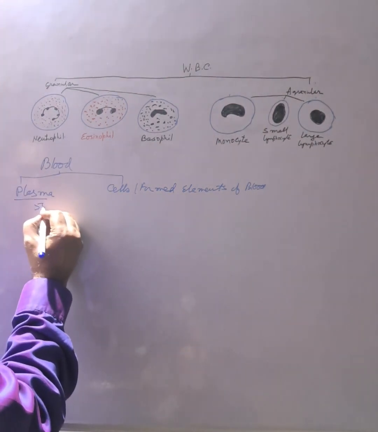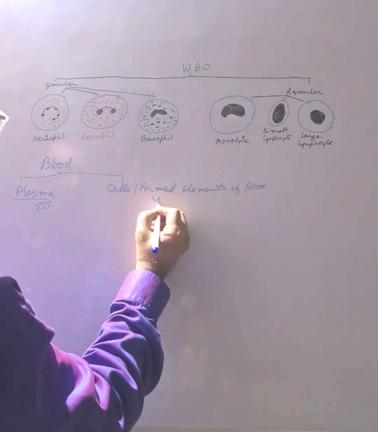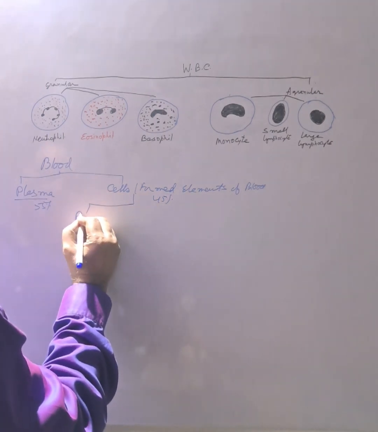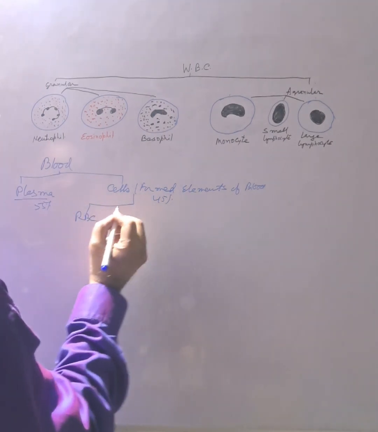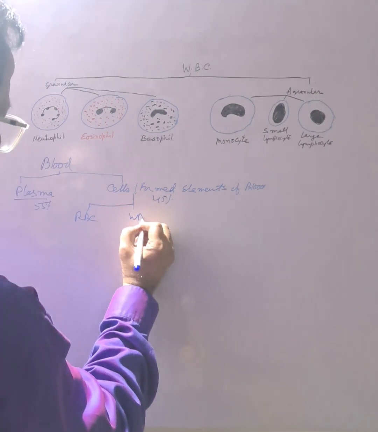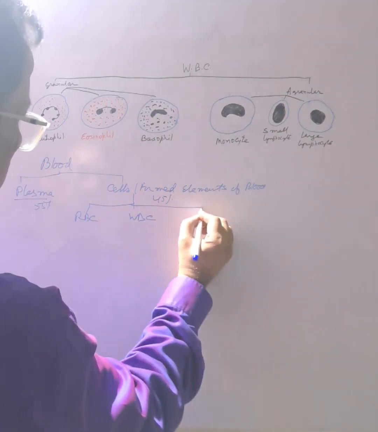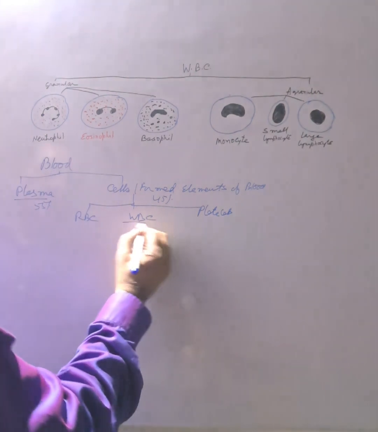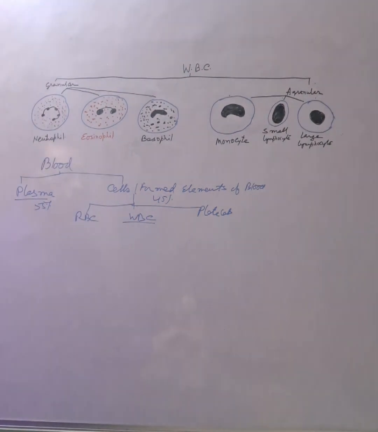Plasma is 55% and cells are 45%. Cells are of three types: RBC, red blood cells, WBC, white blood cells, and platelets.